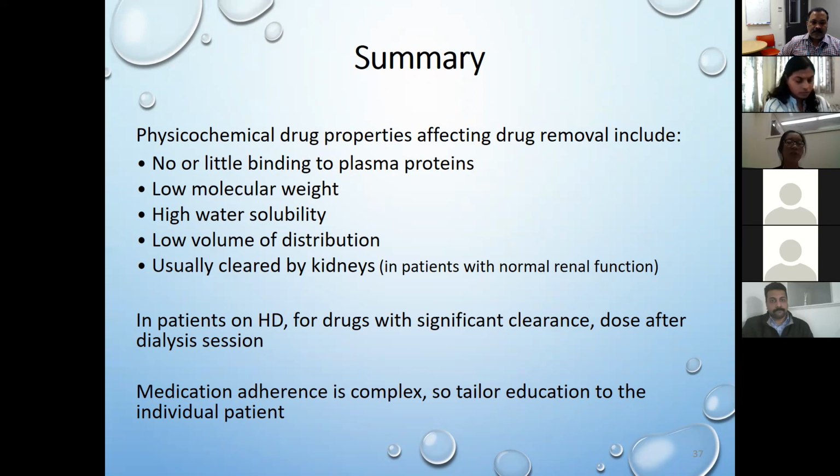In a patient on hemodialysis, for drugs with significant clearance, dose after dialysis sessions. And hopefully I've just touched on the topic of medication adherence. It is a really complex activity, and so we need to tailor education to the individual patient and listen to what they're saying and address their concerns.